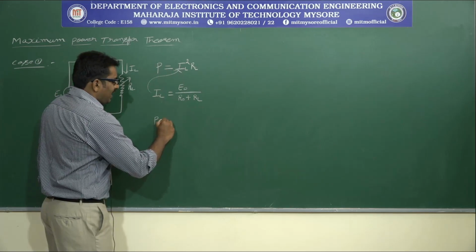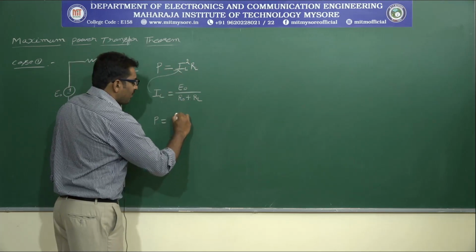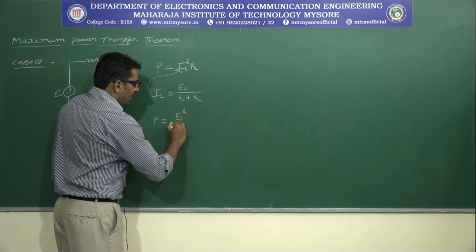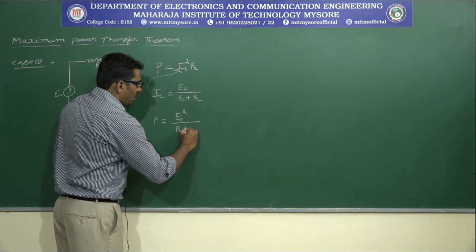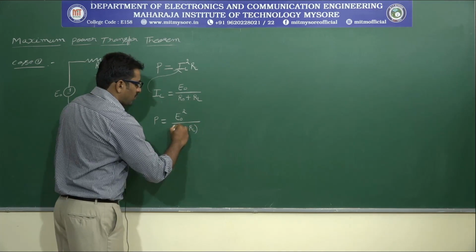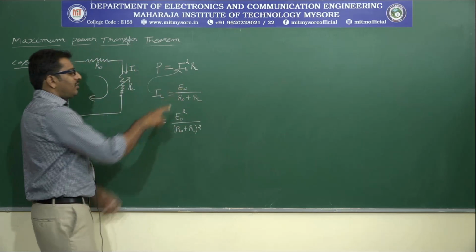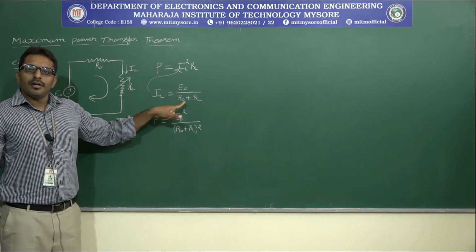Therefore, P is equal to, what is IL square? E naught square divided by R naught plus RL whole square, because IL is equal to E naught divided by R naught plus RL.